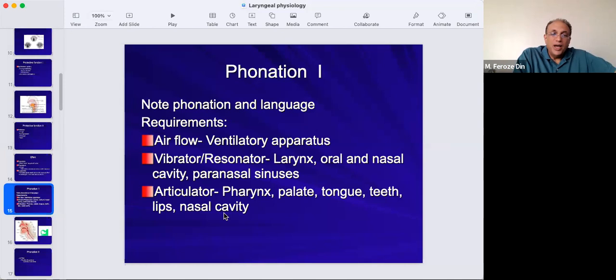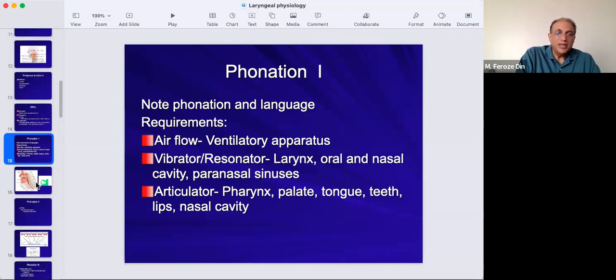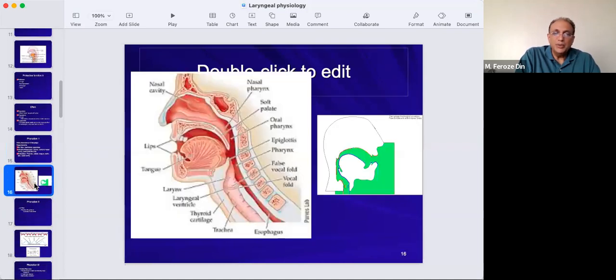After that, you have the articulators, where articulators change the basic sound. Like if I stand here and say, that is a basic sound. But by the use of the pharynx, palate, tongue, teeth, lips, and the nasal cavity, that basic sound gets changed.